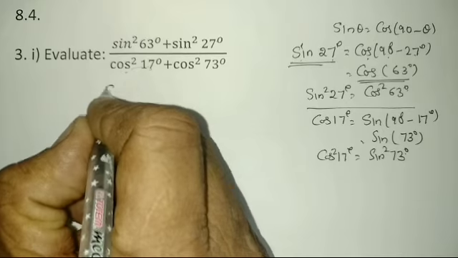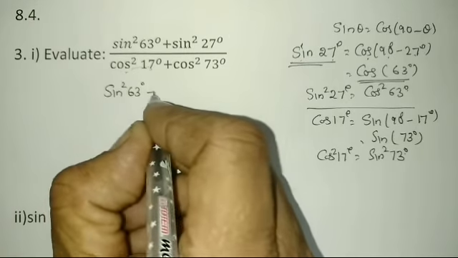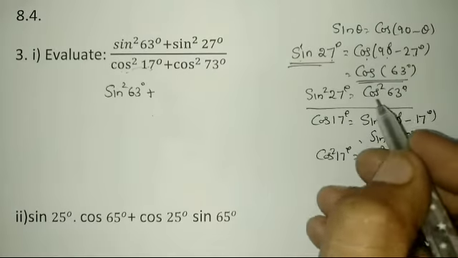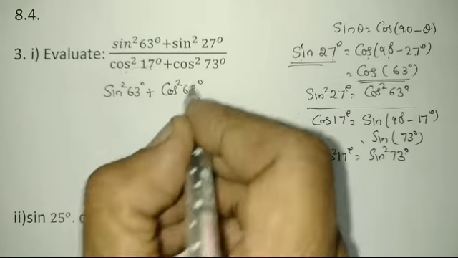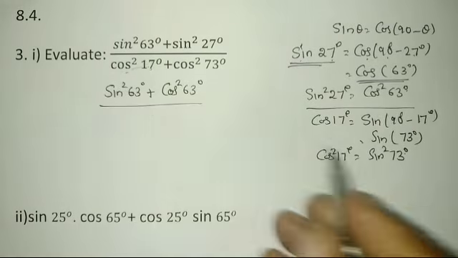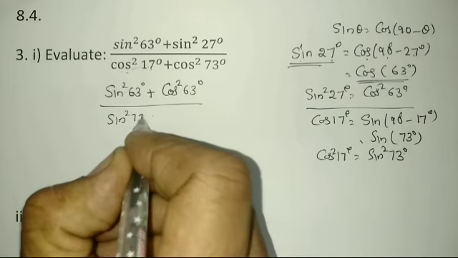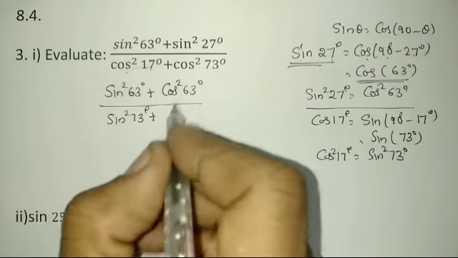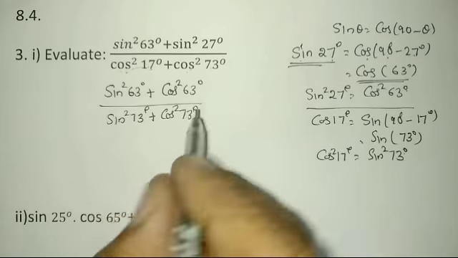Now, sin square 63 degrees plus, for sin square 27 degrees, we write cos square 63 degrees, by cos square 17 degrees is equal to sin square 73 degrees plus, and we write cos square 73 degrees as it is.